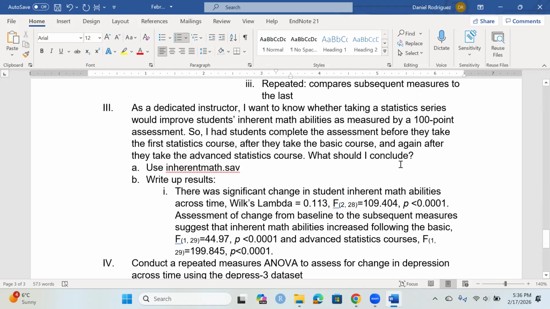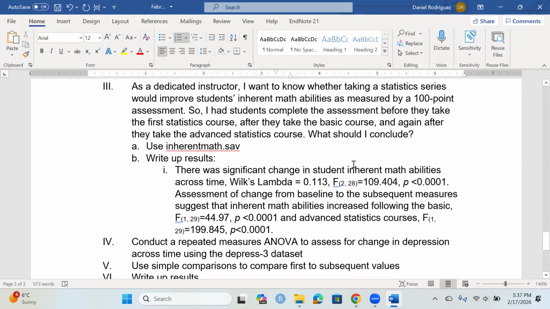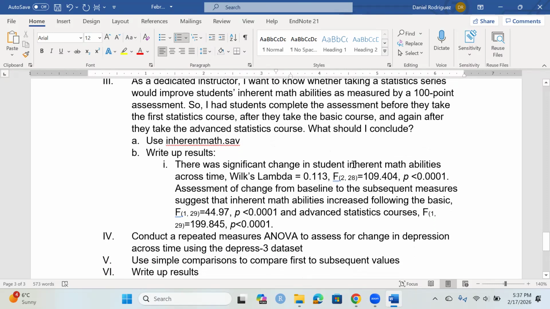One thing that I did here was I also took the baseline assessment. So there's baseline, basic, and advanced, right? I took the baseline assessment and did a median split. So I cut it into two different levels, 0 and 1. So there's high and low in terms of inherent math ability.